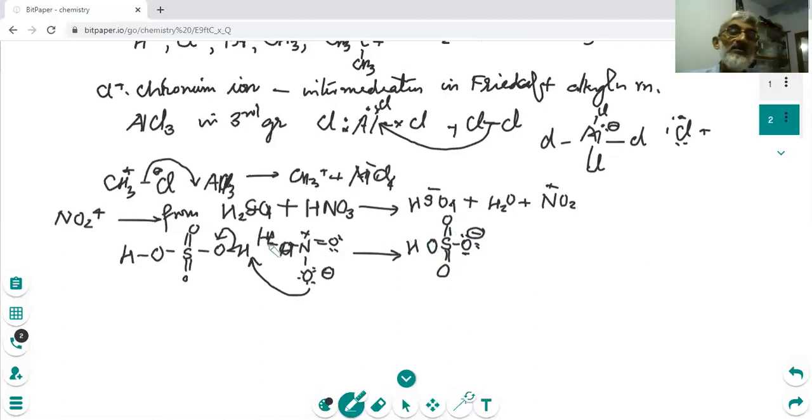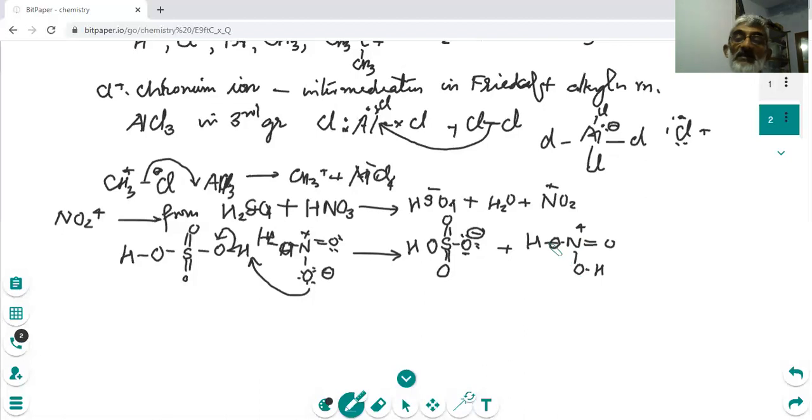And what happens to nitric acid? It becomes N plus with OOH, carrying a positive charge.